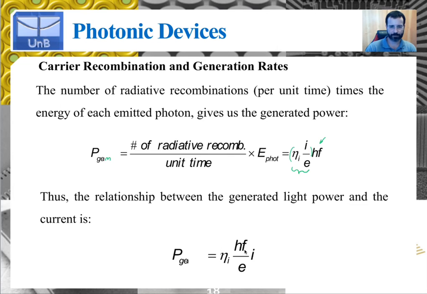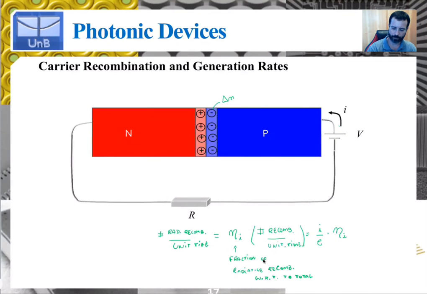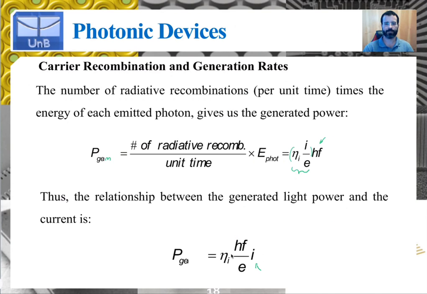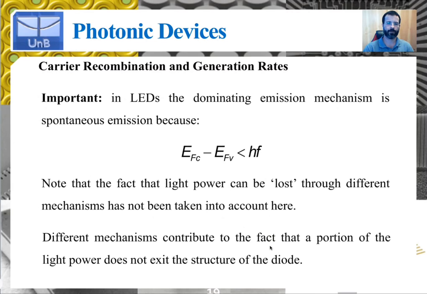But this, as we expected, gives us a linear relation between the generated power and the polarization current I. So if you increase the forward current I, you should expect the emitted optical power to increase proportionally. This is just the expression we desired to begin with.